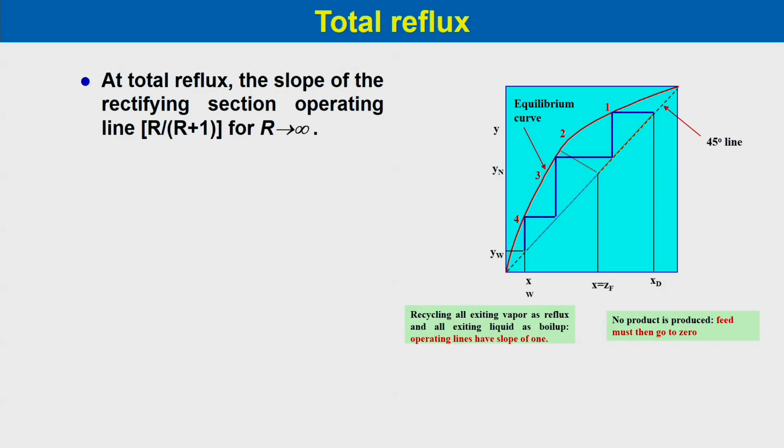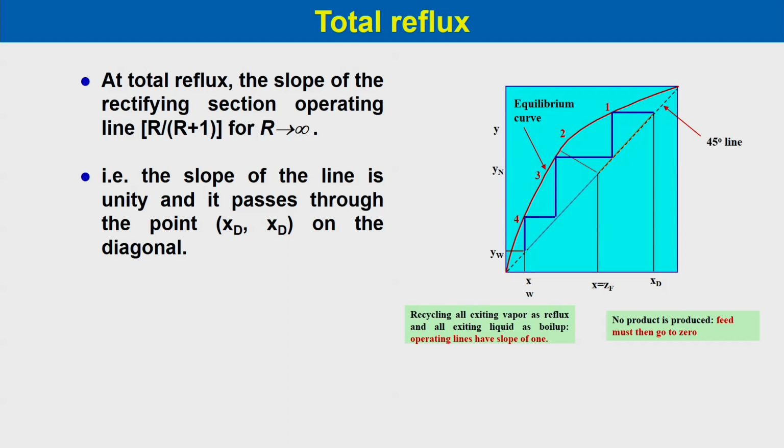At total reflux, the slope of the rectifying section operating line is R by R plus 1, for R tends to infinite, that is the slope of the line is unity and it passes through the point XD on the diagonal. So, the slope of the operating line, R by R plus 1, is equal to 1 at R tends to infinite.